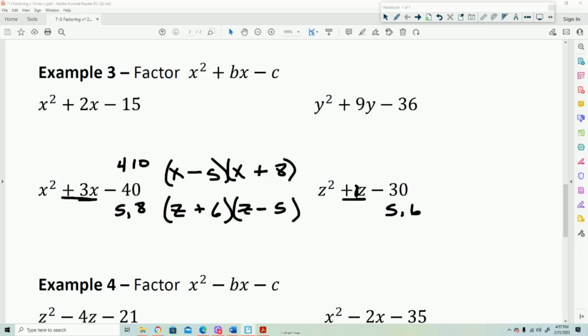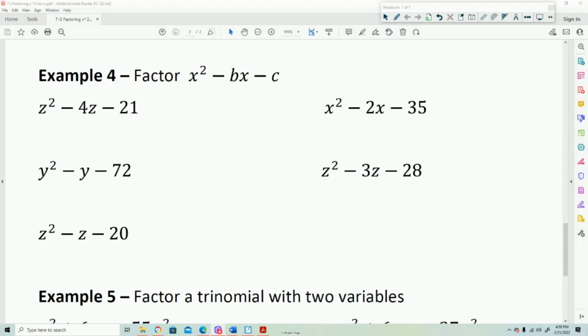Just to show you before we finish, we're going to multiply this out. We get z squared, negative 5z, plus 6z, and negative 30. If we put those together, we get z squared plus 1z minus 30. That, ladies and gentlemen, is example set 3.